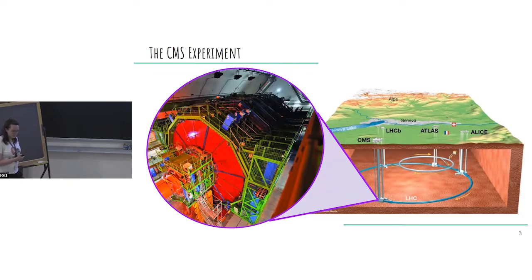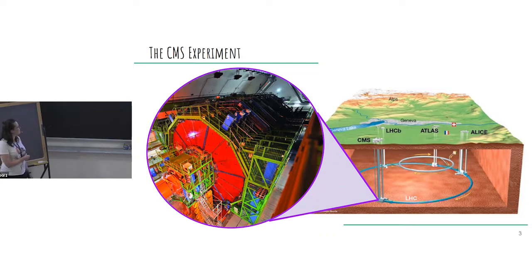So I will give a small introduction about the experimental setup that we use to detect these events, the collisions of protons. I will take the example of the CMS experiment, which is the experiment where I work.